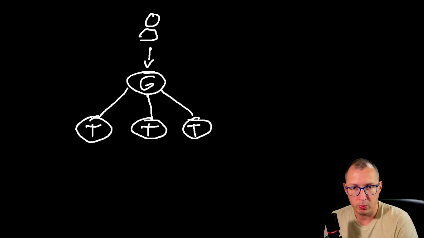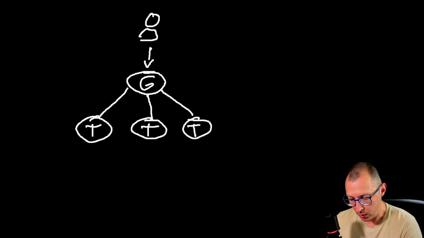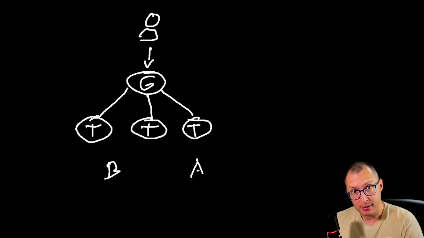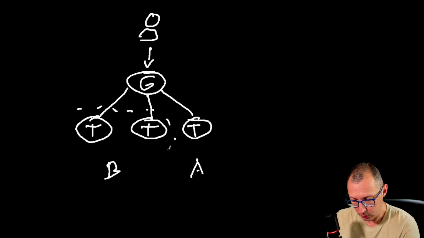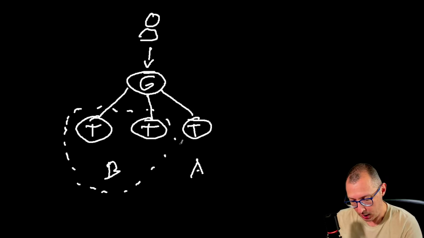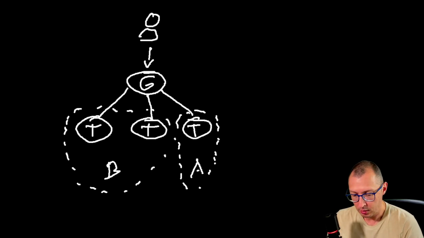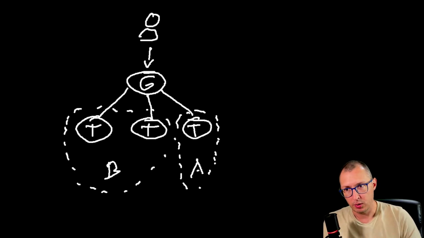And what I thought about projects is that maybe we have project A and project B. And the tasks themselves will be the ones that belong to each project. For example, these two tasks belong to project B, and to project A, we only assign the third task.